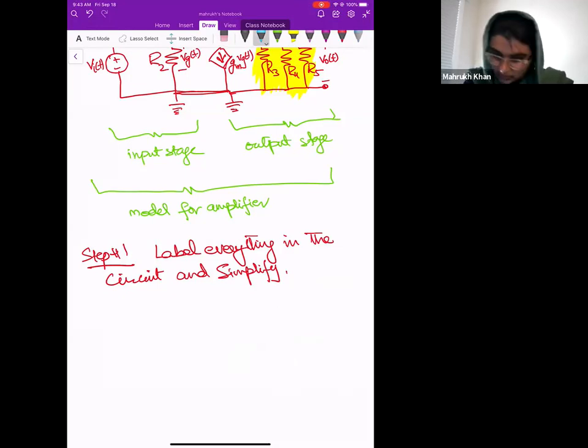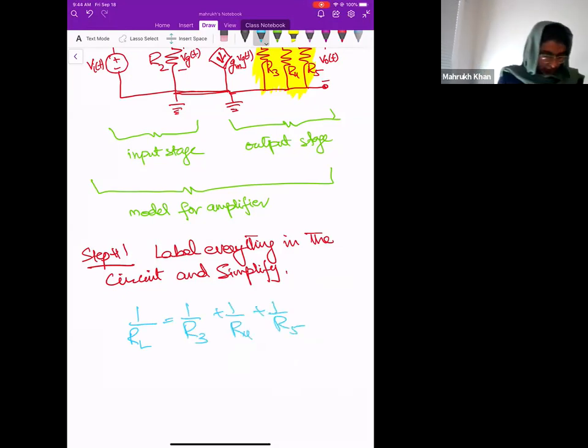Which is 1 over RL is equal to 1 over R3 plus 1 over R4 plus 1 over R5. Okay. So we are assuming that we will know the equivalent resistance, so that is RL.